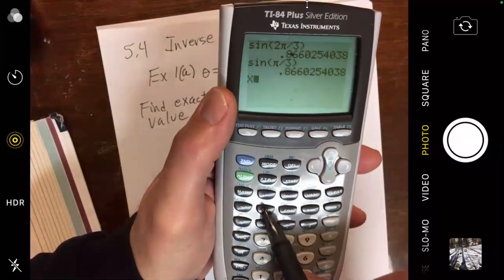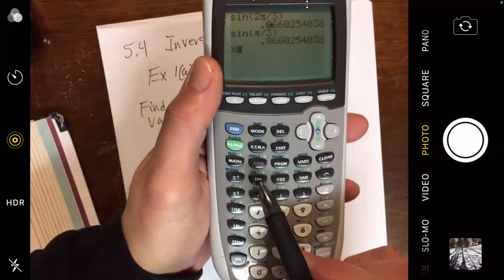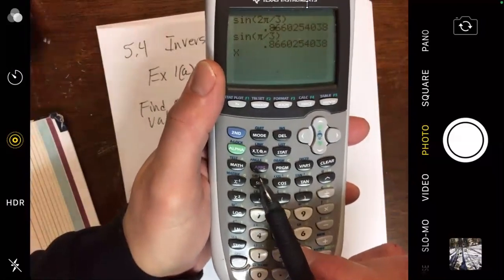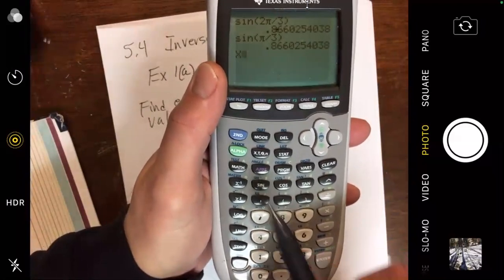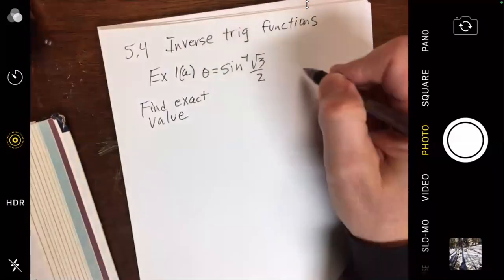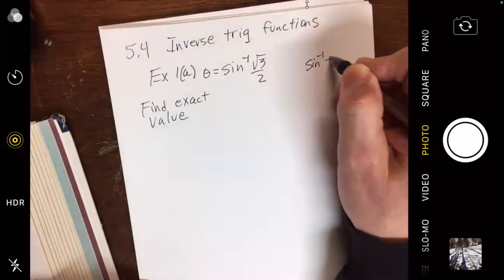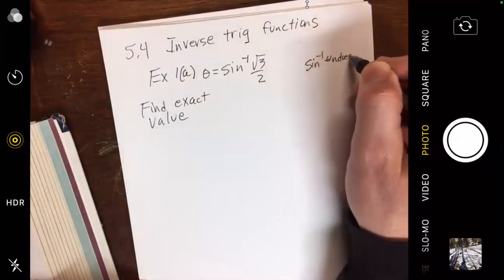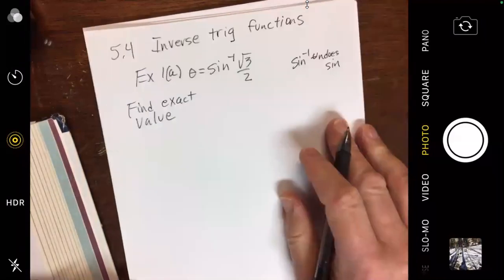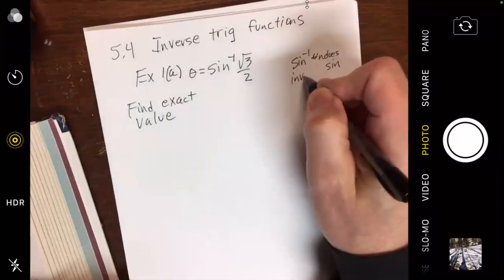Remember, these things are paired with their inverses. So if you can see, you get the glare off. Sine with, and they put this -1 notation up to denote inverse, undoes sine. This is read inverse sine.